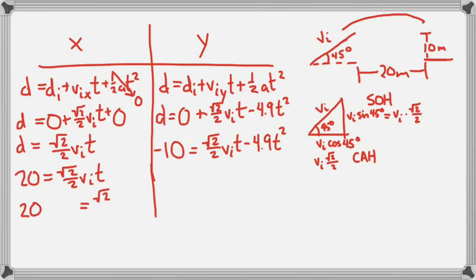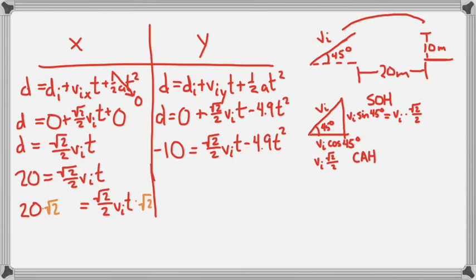Let's rewrite this v sub I t so it's clear what we have to multiply by. So I have to multiply by the inverse of this coefficient right here. And I know that if I multiply this by root 2, I'm going to get 2 over 2, which equals 1. So let's multiply this side by root 2.